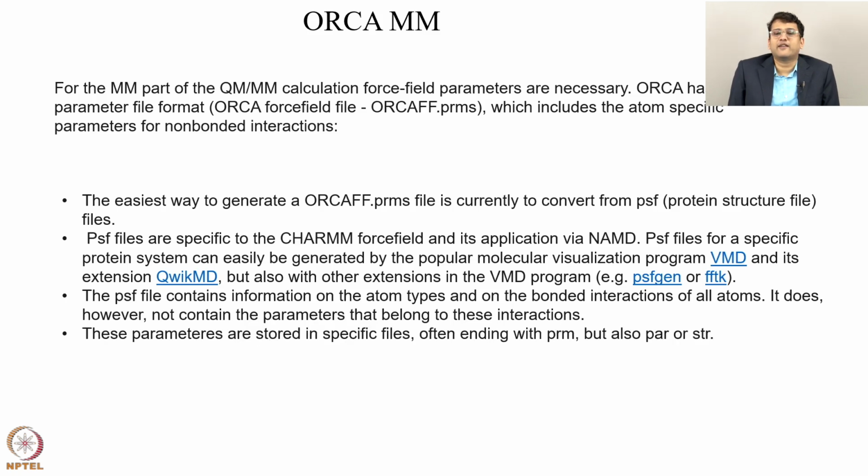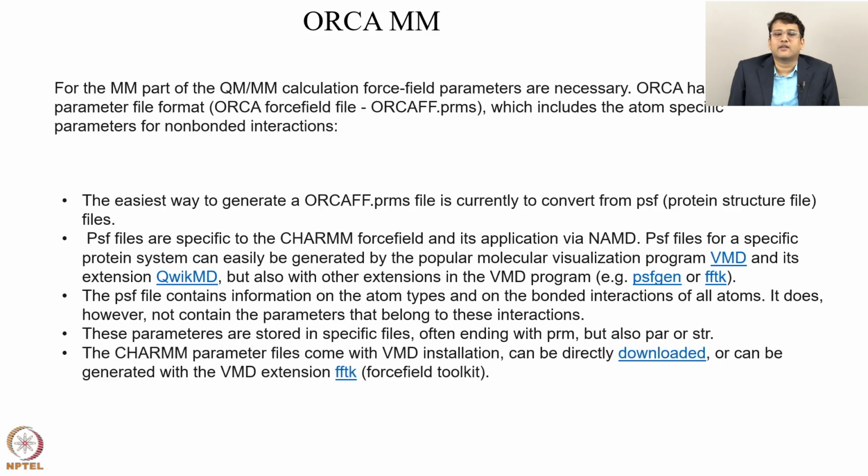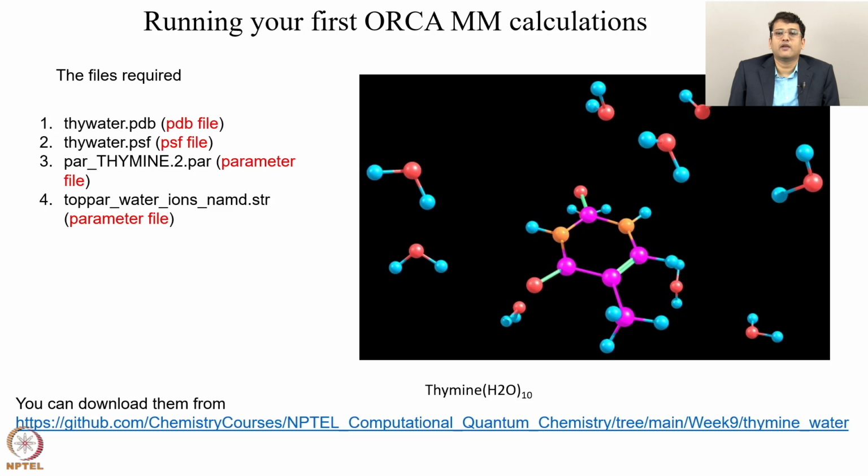These parameter files generally have an extension of PAR or STR, and the CHARMM parameter files come with the VMD installation and can be directly downloaded. The things you see in blue have an embedded URL link, so if you click them, it will take you to the place where it can be downloaded, or it can be generated using the VMD extension FFTK, the force field toolkit.